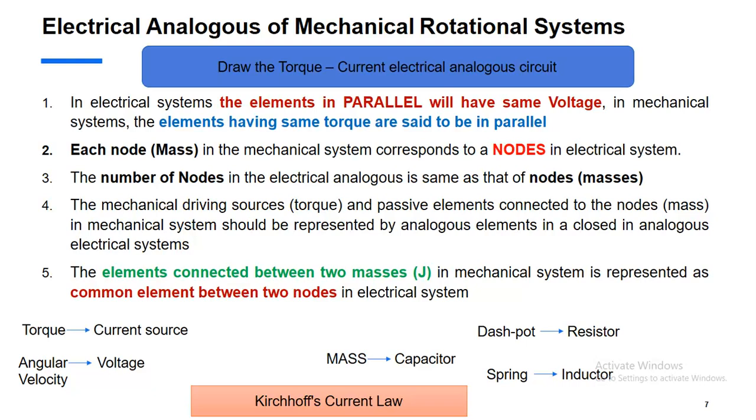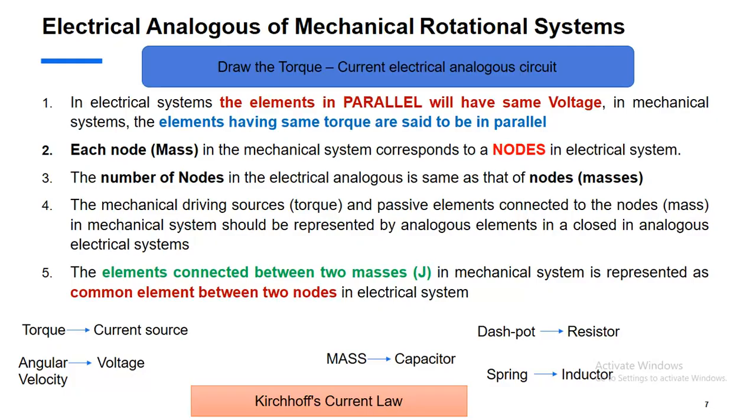And in case of the mechanical system, we are going to apply the input torque. All the elements associated with the mechanical system should be represented as equivalent electrical elements. If the element is appearing between two masses, then we will represent this as a common element between the nodes.